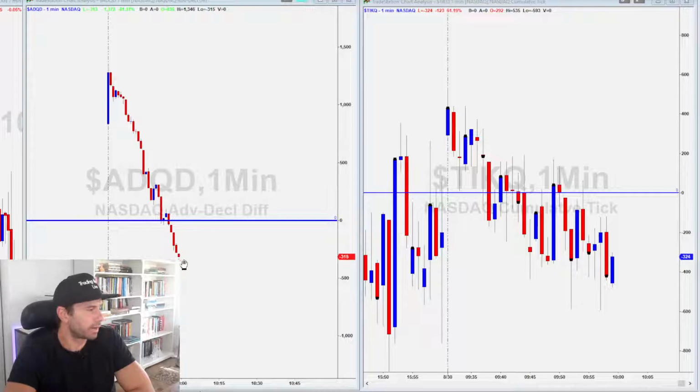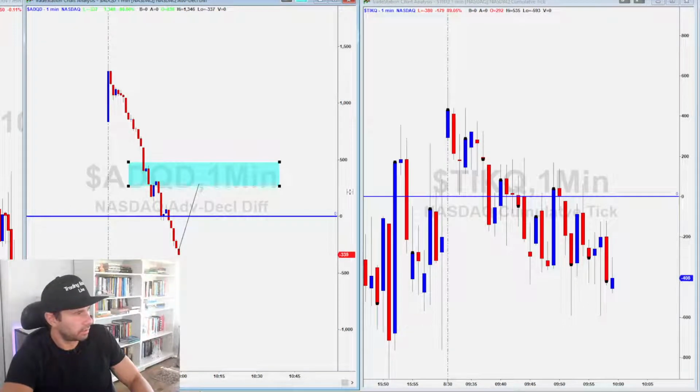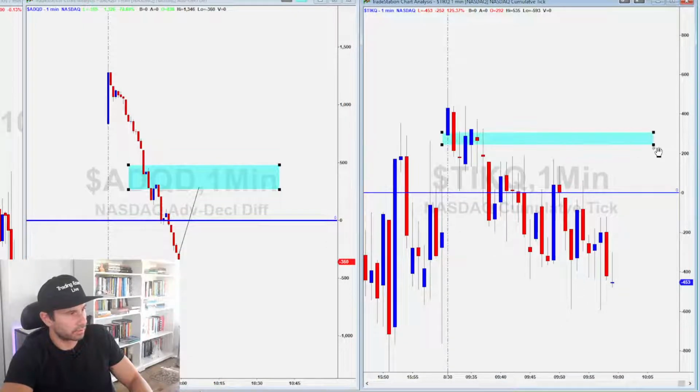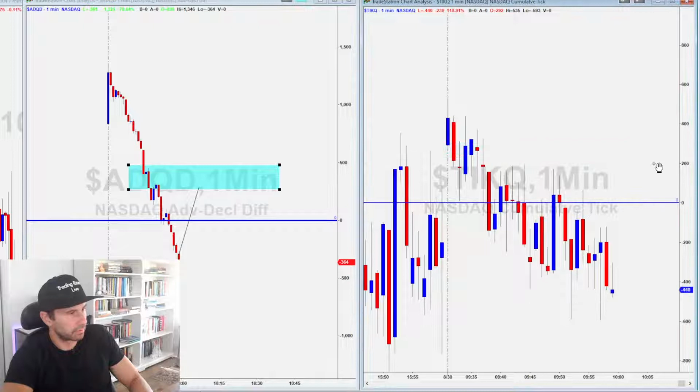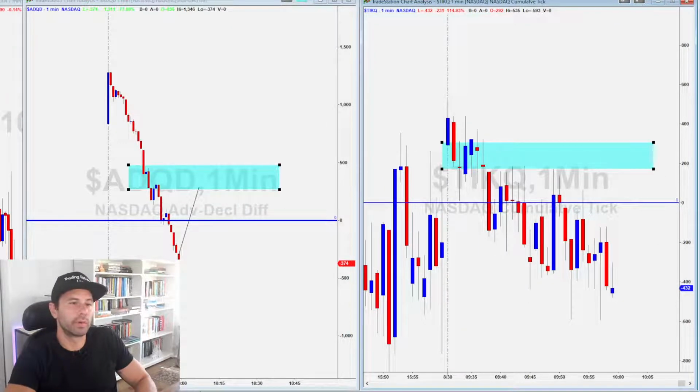The ADQD right now is a pretty bearish case. Now what I want to see right now is this. A rejection to the upside, to this blue box, and the tick chart around here or above for me to take a short. And for that, we require a lot of patience.